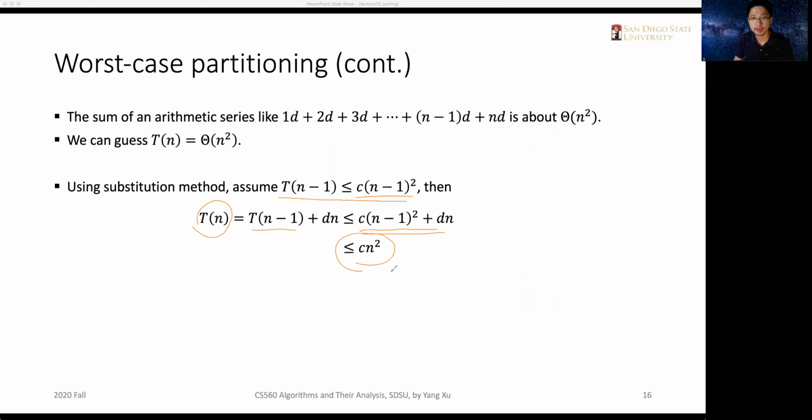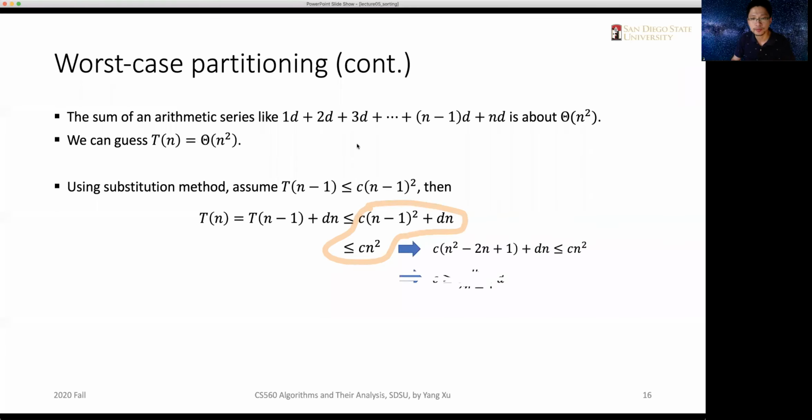Okay, so now we have an inequality that can be solved, and the inequality is like this. c times (n-1) squared plus d times n is less than or equal to c times n squared. If we expand the term on the left, it is c times (n squared minus 2n plus 1), right?